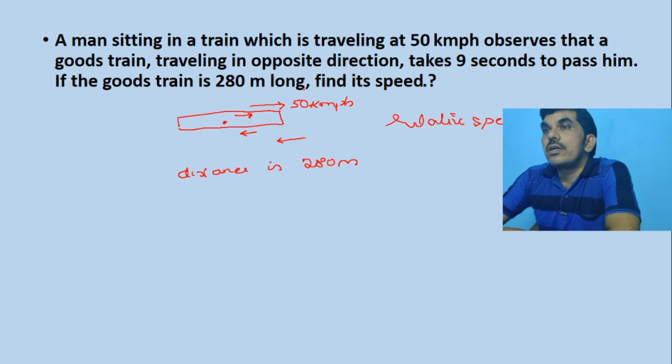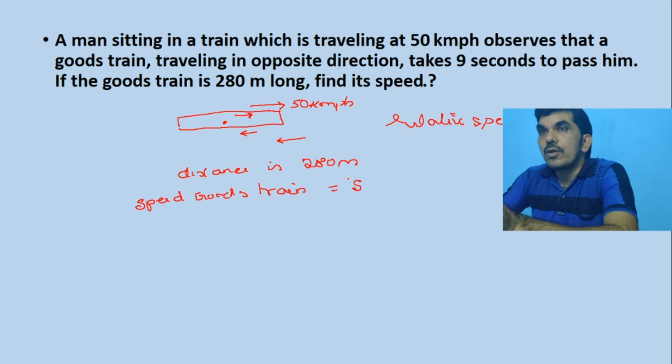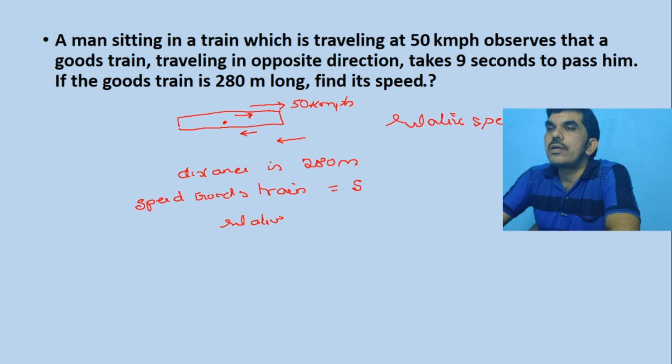The speed of the passenger train is given as 50 kilometers per hour, and the speed of the goods train is to be calculated. So I will consider the speed of the goods train as S. Since the goods train and the passenger train are in opposite directions, what happens to the relative speed?